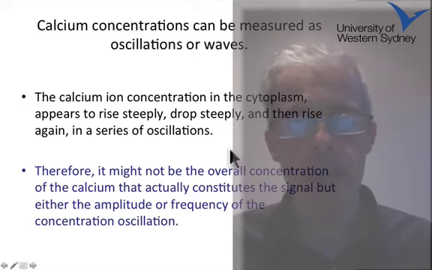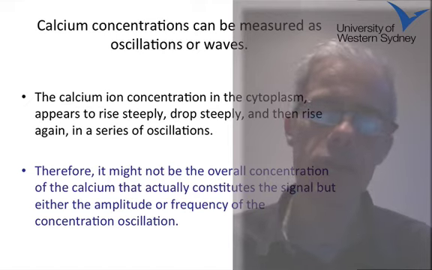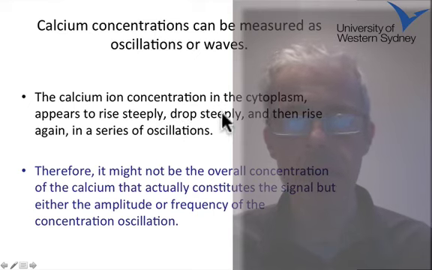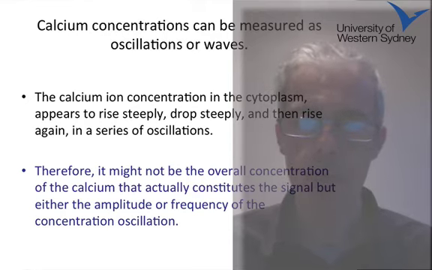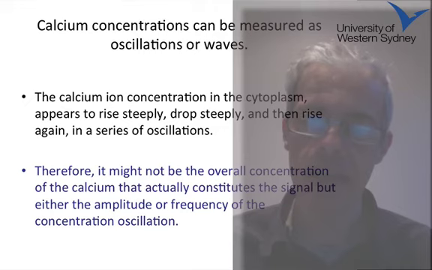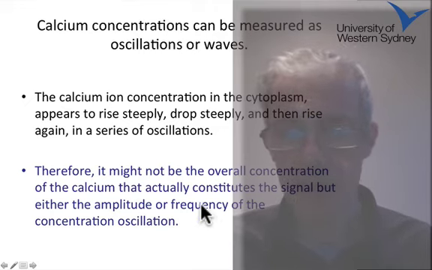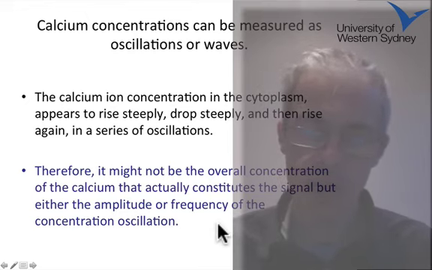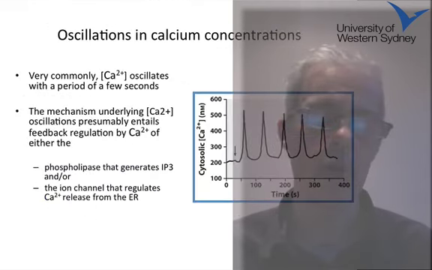If you look at the change in concentration of calcium ions within the cell, it's been observed that there are oscillations or waves of calcium ion concentration. So effectively you get steep rises and then steep drops in the calcium ion concentration, followed by another steep rise and steep drop, leading to an oscillation. And it's thought that the amplitude and the frequency of the concentration oscillation is what may be important as part of the signaling of calcium.